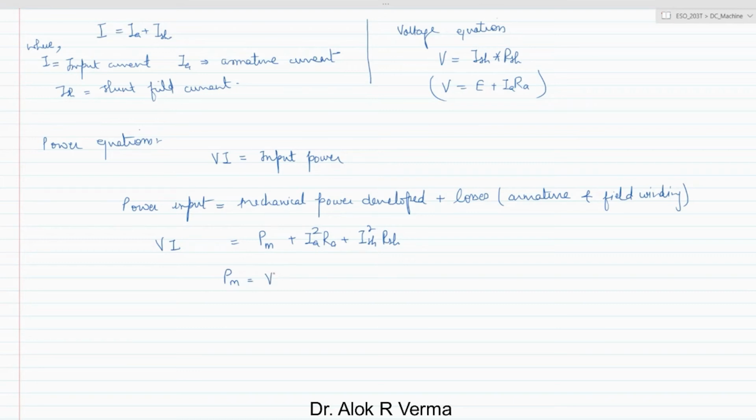VI minus VISH minus IA square RA. So this is nothing but V into I minus ISH, minus IA square RA.